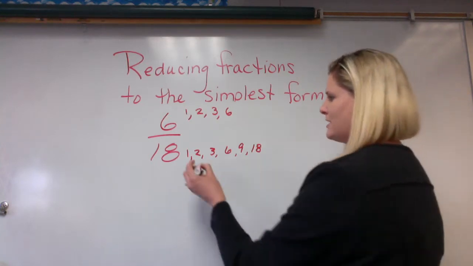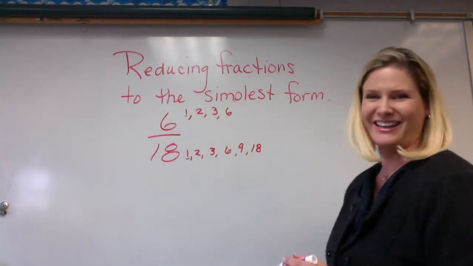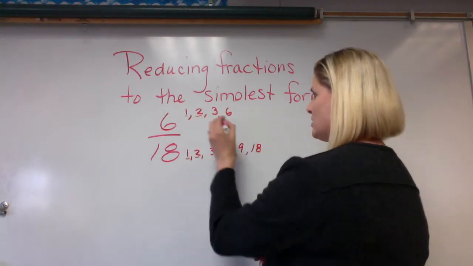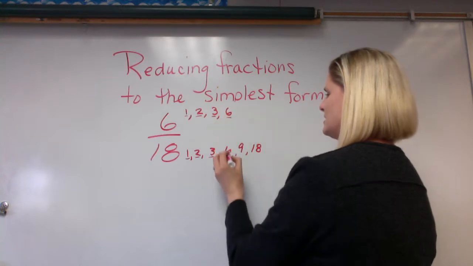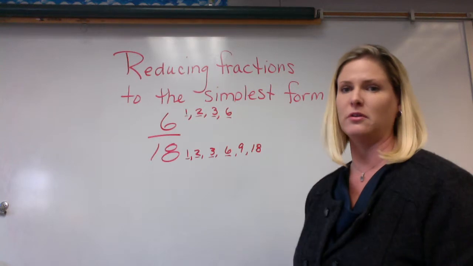So now we have found our factors for both numerator and denominator, and let's see which ones are common. Of course, 1 is always going to be common, but if we divide by 1, we're not going to get anywhere, so we don't want to think on that one. We do have 2, and I do see that 3 is, but the winner is 6 because that is larger than 2 and 3, and it is common in both lists.